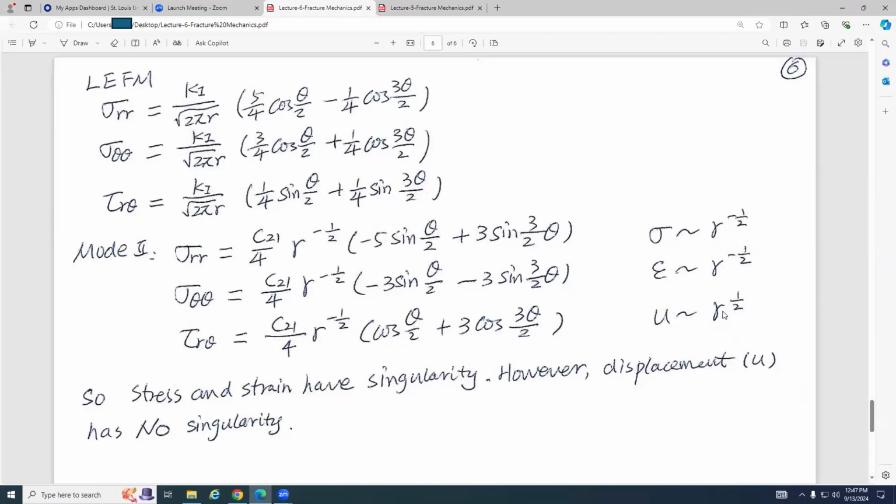The r is in the numerator, it's not in the denominator. Right? But look at this sigma and epsilon, both of these two guys are proportional to 1 over the square root of r. When r goes to 0, these two guys blow up. That's the reason this is a singularity. But for u, when r equals 0, u equals 0. Right, guys?